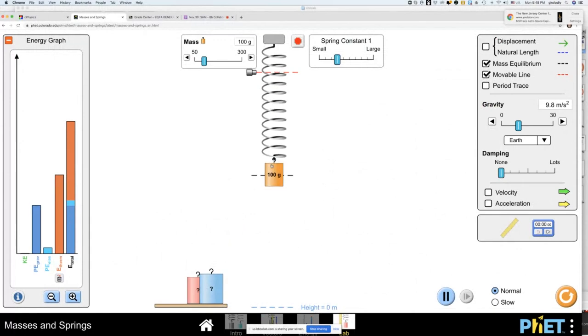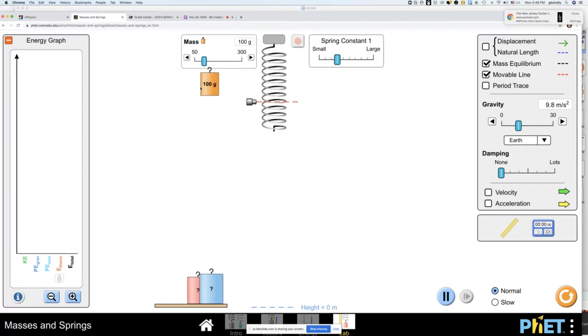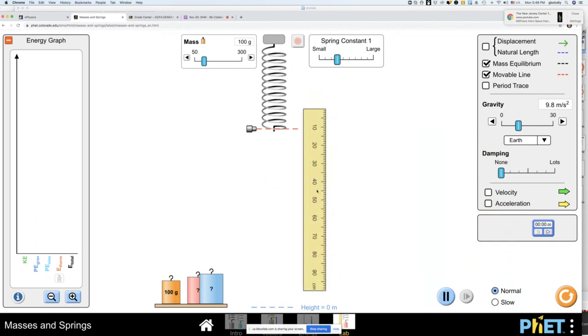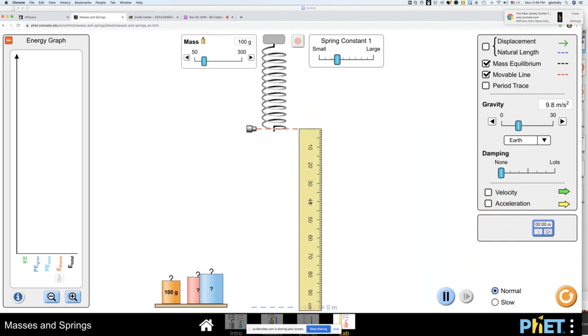In this case, you hang a weight on the spring. First of all, you look at the unstretched length of the spring. Then you take a ruler, and we want to hang something and measure how much the stretch is.